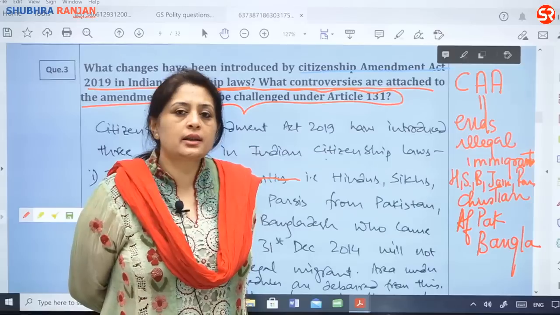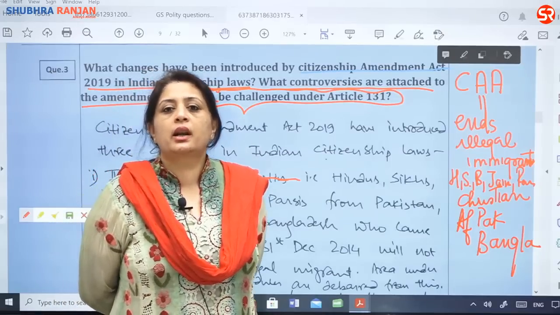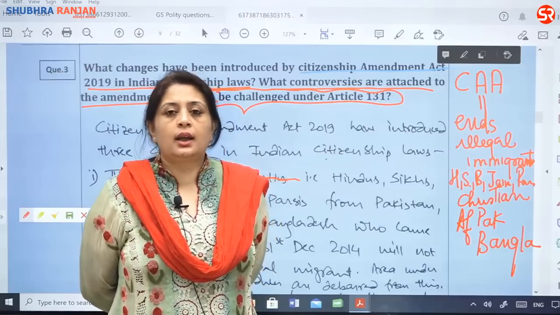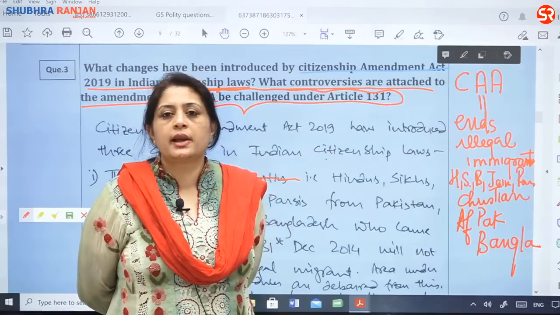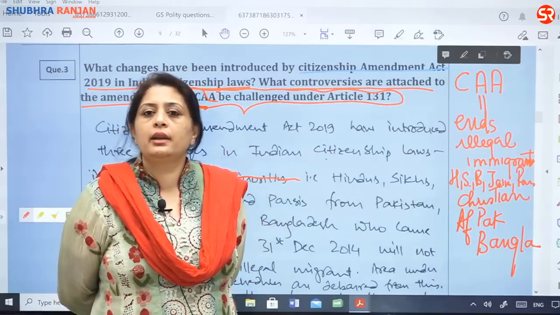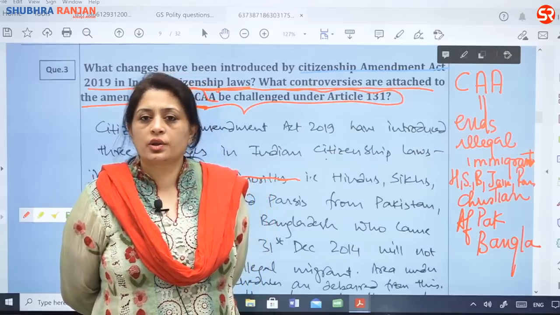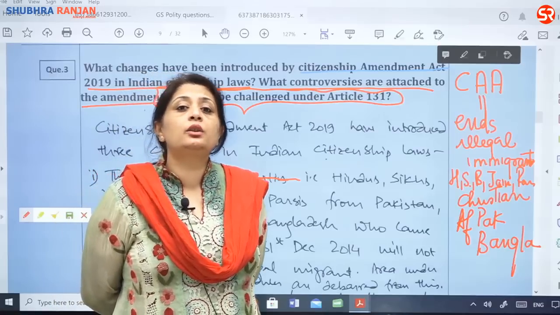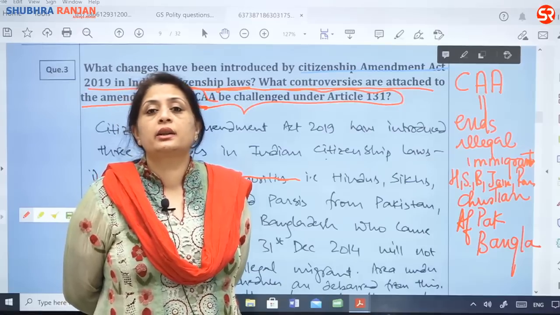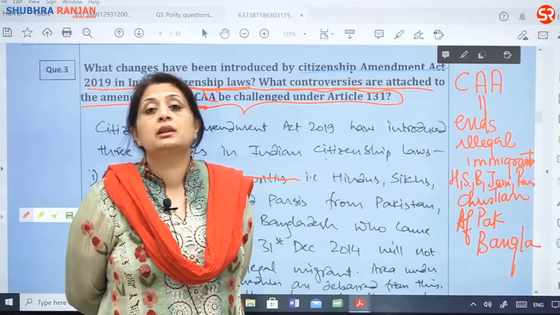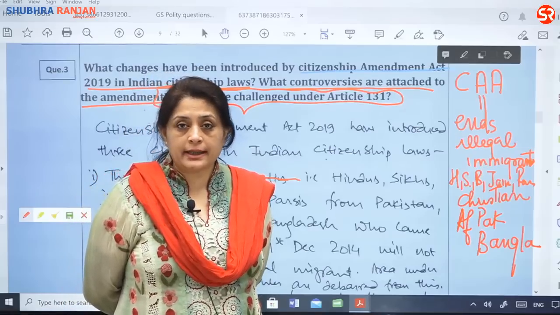Now there is a controversy that this is against the right to equality, and those who say that this is against the right to equality and secularism argue so because in India equality before law under Article 14 of the Constitution is secured even to non-citizens. Besides this, Article 14 is part of the basic structure of the Constitution which cannot be violated.